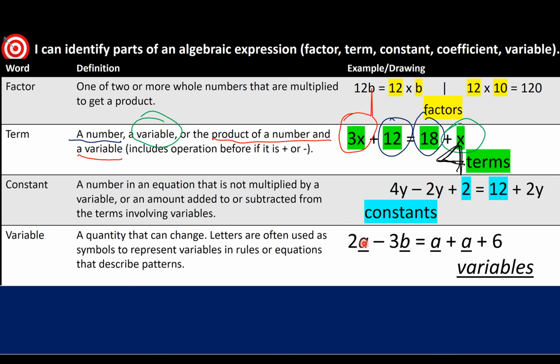So I have 3 different a's in this equation, but all of those a's are going to represent the same number. We don't necessarily know what number that is yet, but we know that they're going to represent the same value. B, however, is not an a, so it can represent a different value. But if there was another b over here, it would also have to represent the same value.